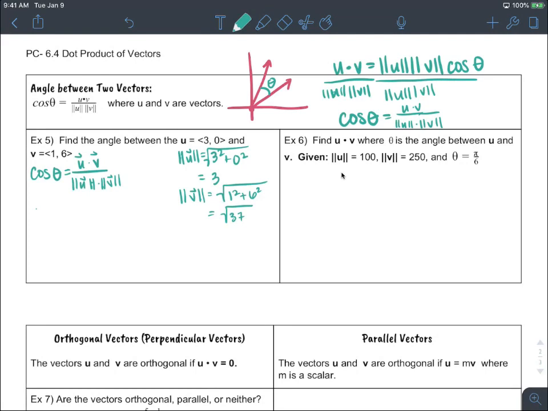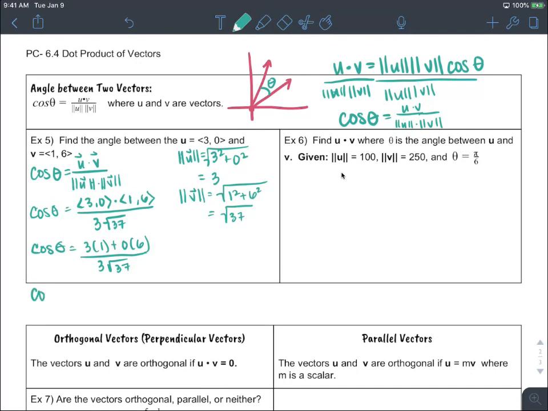So plug it in. The cosine of theta is equal to the dot product (3, 0) dot (1, 6) over 3 times the magnitude of v, which is root 37. We need to calculate the dot product to give us a scalar: 3 times 1 plus 0 times 6, all over 3 root 37.